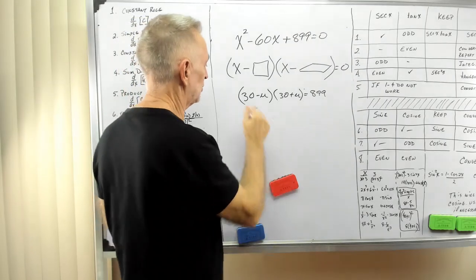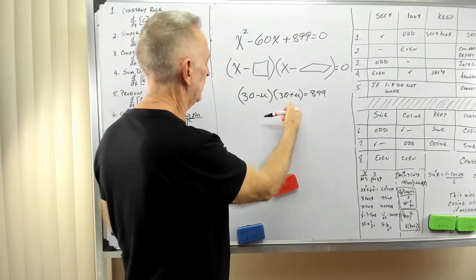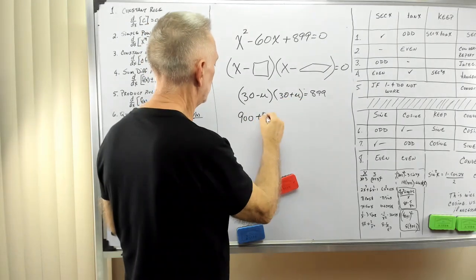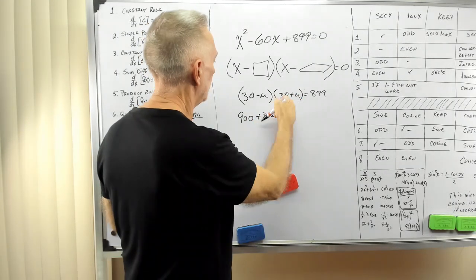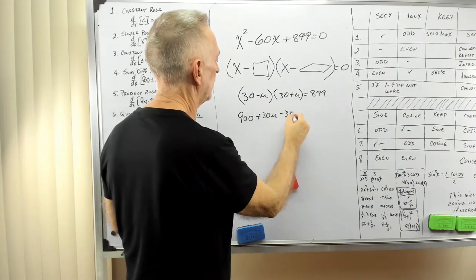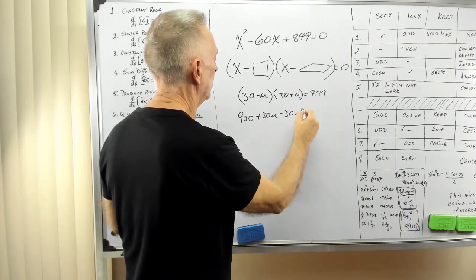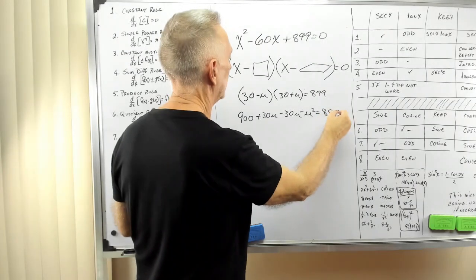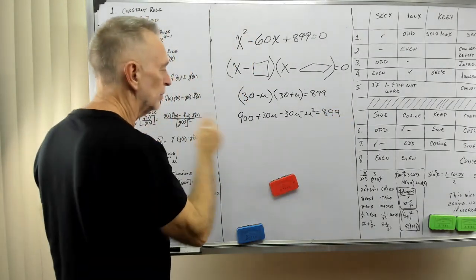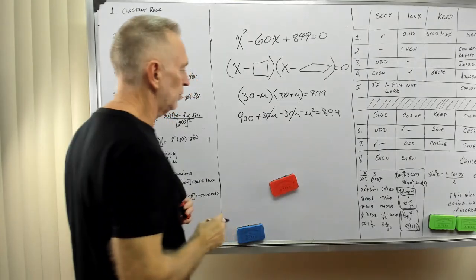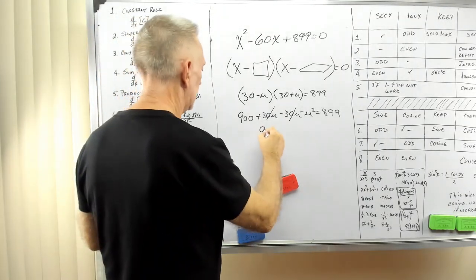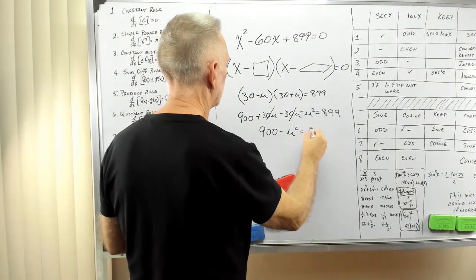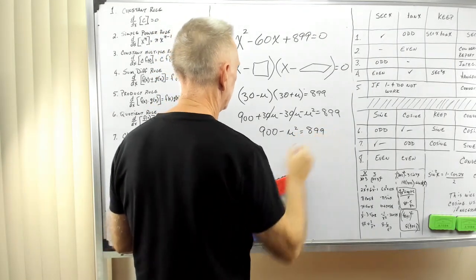Okay, so let's just FOIL this out. 30 times 30 is 900 plus 30u minus 30u minus u squared equals 899. Well, 30u minus 30u, those cancel. I'm left with 900 minus u squared equals 899.